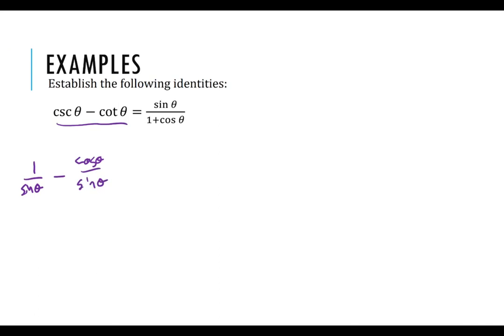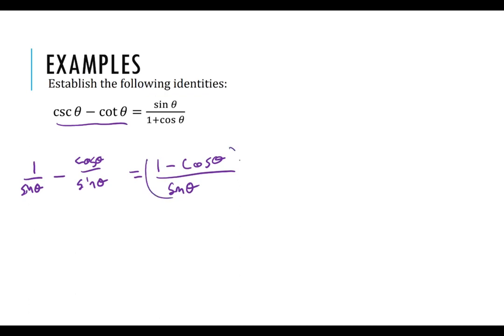And so then, look at here, notice that I have common denominators already. So this is really going to be 1 minus cosine of theta divided by common denominator sine of theta. And if you recall, this is actually similar to that one we did earlier, if not exactly the same.